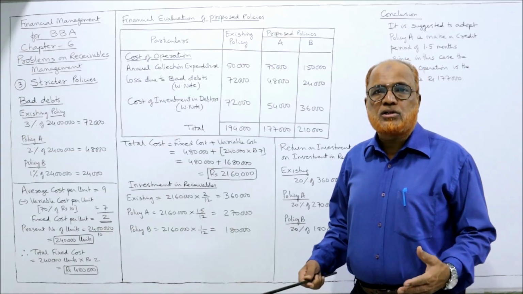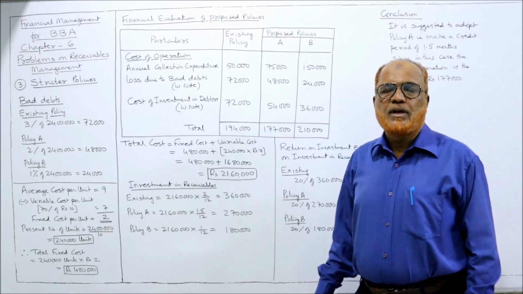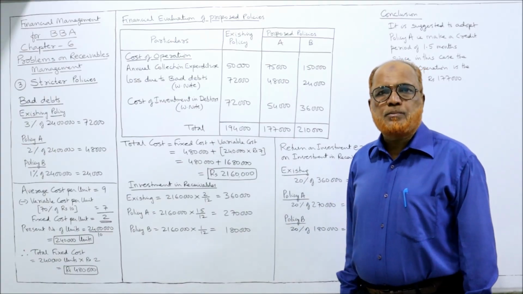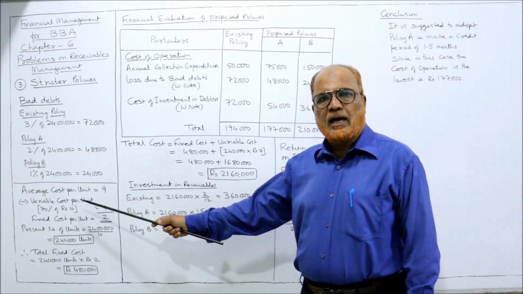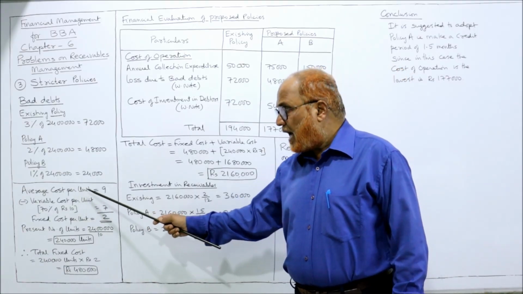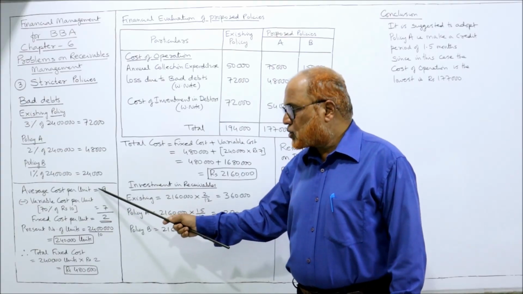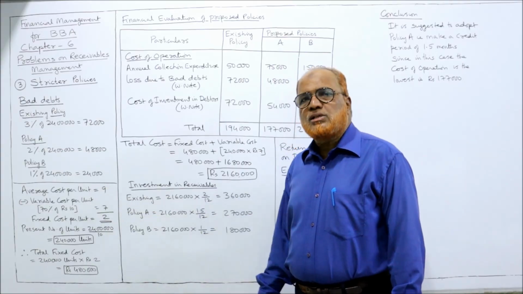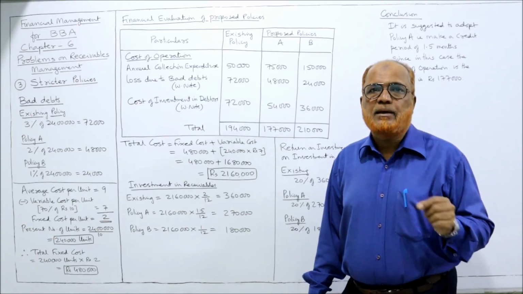So we want to know the investment in existing policy, A policy and B policy. How much is the investment? Now here I have shown the calculations. Average cost per unit is 9 rupees. Whereas variable cost is given in the problem 70% of selling price.